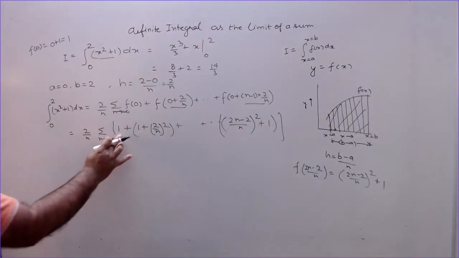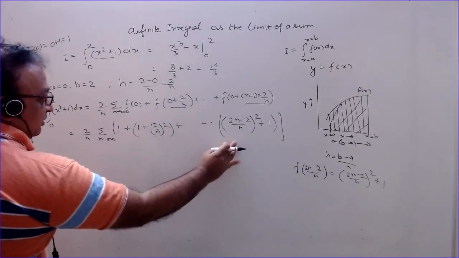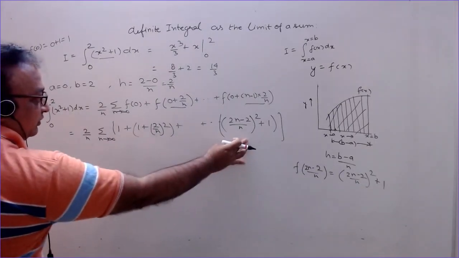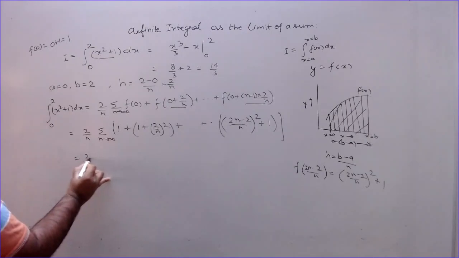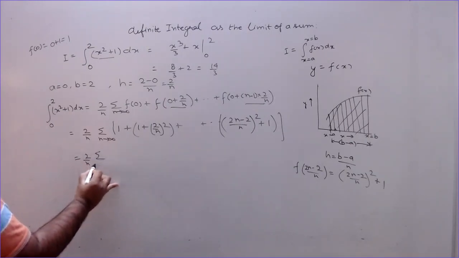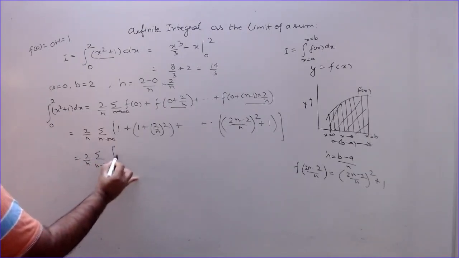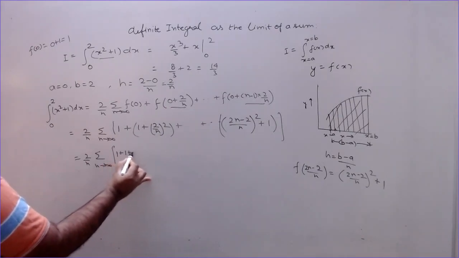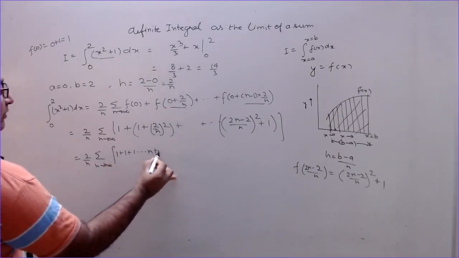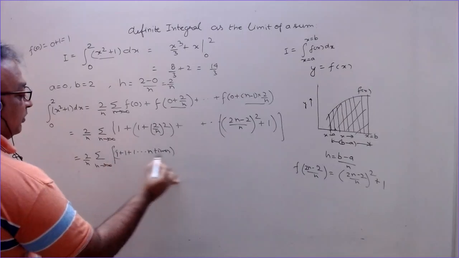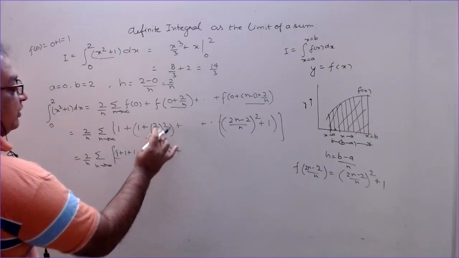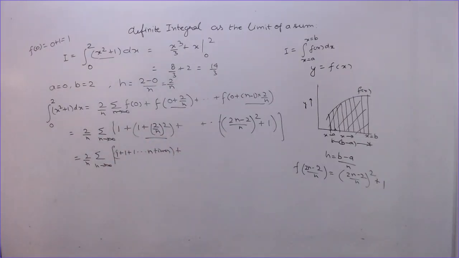So you have 1 in every term. There are a total of n number of terms, 1, 2, 3 up to n. So we have 1 n times: 1 plus 1 plus 1, this is n times. Plus on the other hand, I have the term 2 by n whole square, then it will be 4 by n whole square and so on.